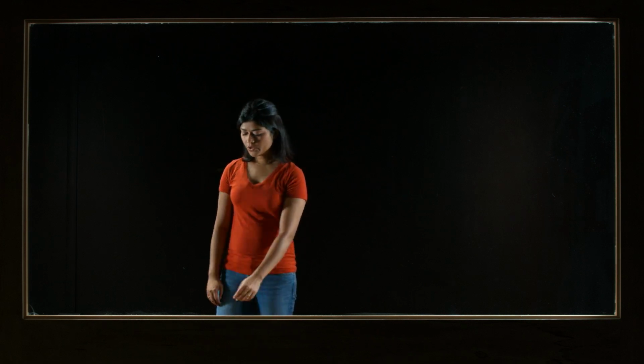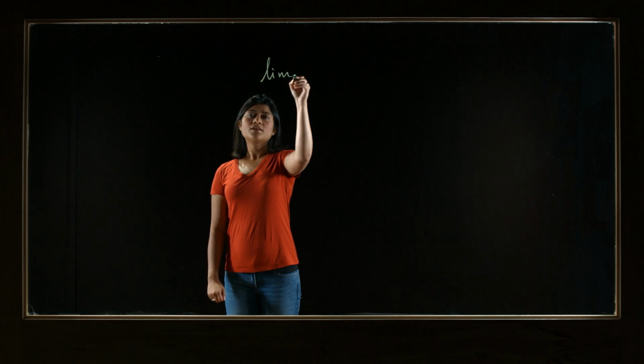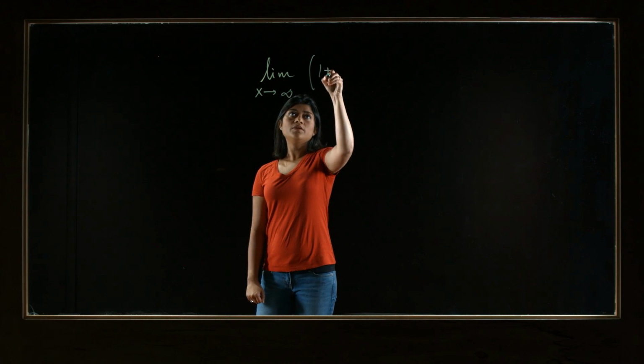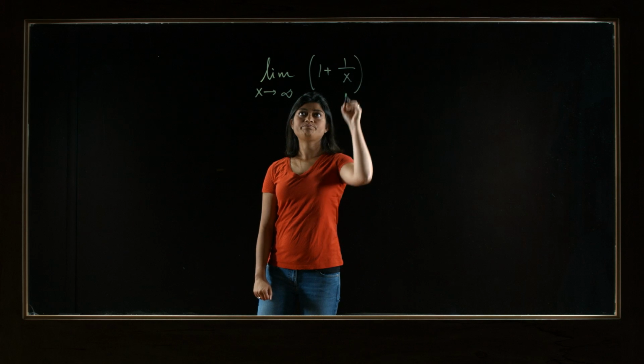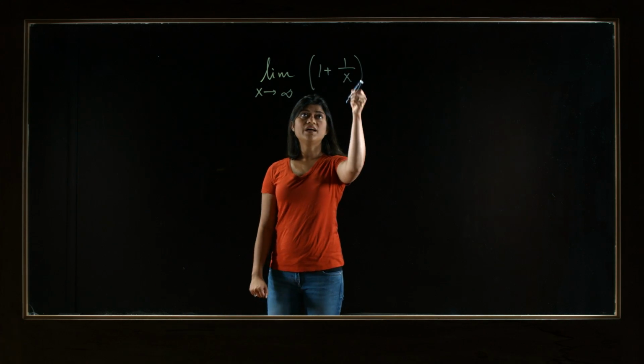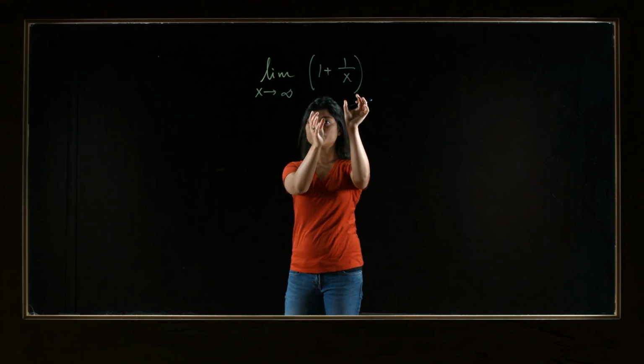In this problem, we have to evaluate a limit, and it is the limit as x approaches infinity of 1 plus 1 over x. Now, if you notice, the function whose limit we have to evaluate is actually, you can consider it as a sum of two different functions.